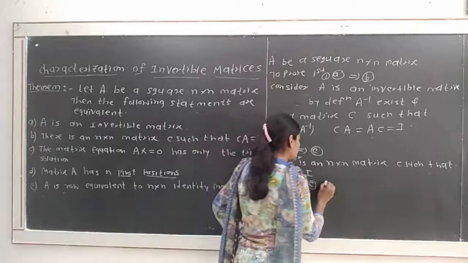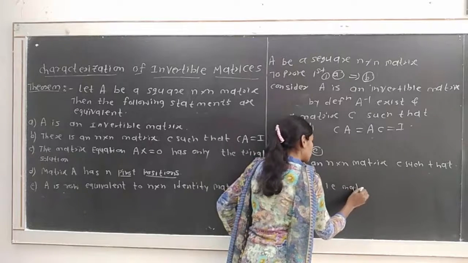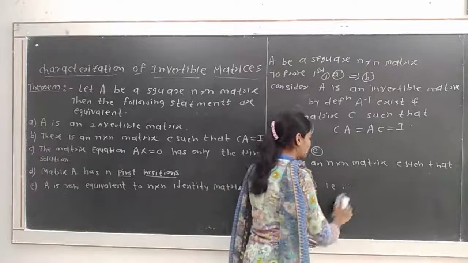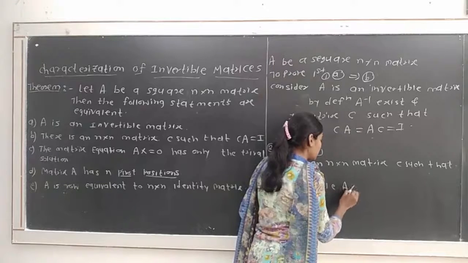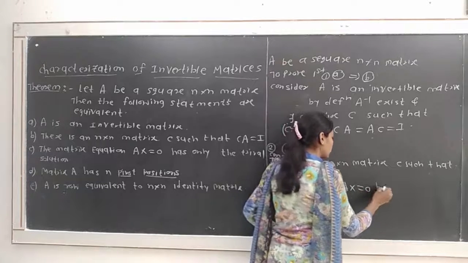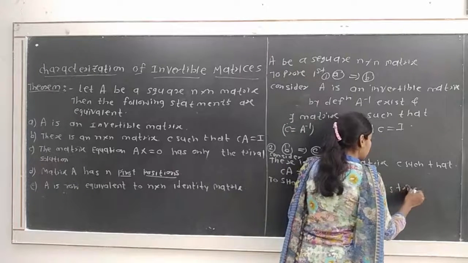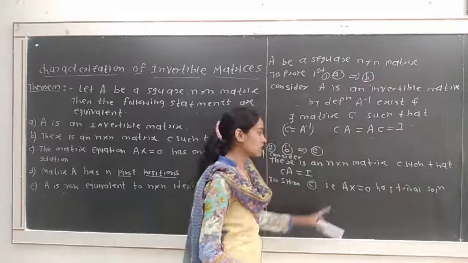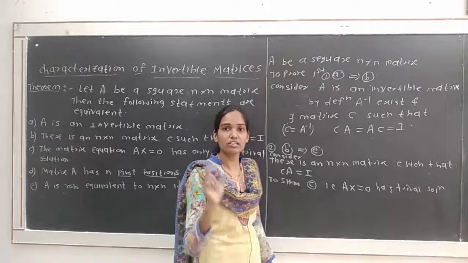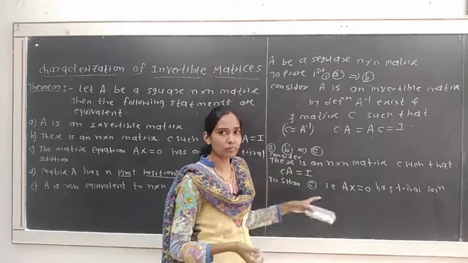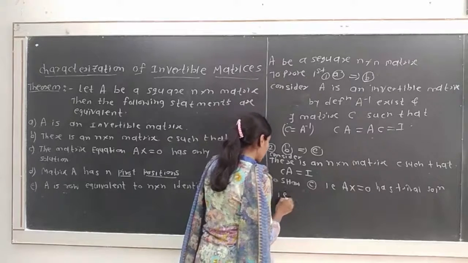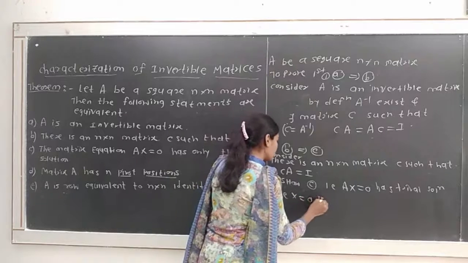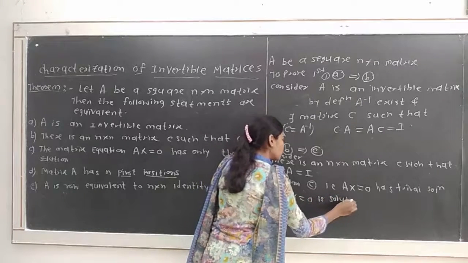Trivial solution means the given equation has only X is equal to 0 as a solution. We want to prove that.